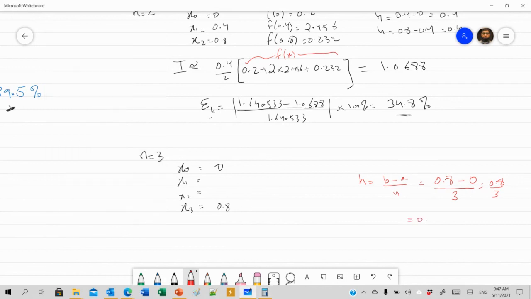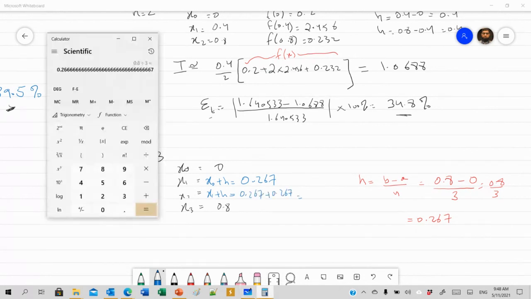So that comes out to be 0.267. So x1 is going to be x0 plus h, so that's 0 plus 0.267. x2 is going to be x1 plus h, so that's 0.267 plus 0.267.